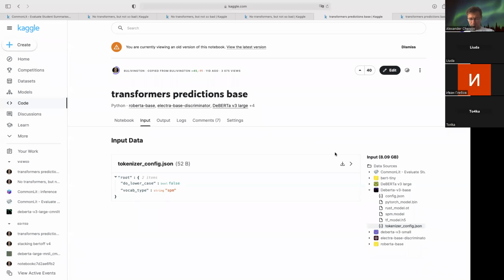Other models can have a vocab.txt file, for example, and files like additional tokens.json. So in general, three parts: model weights, a configuration file for the model, and files for the tokenizer.